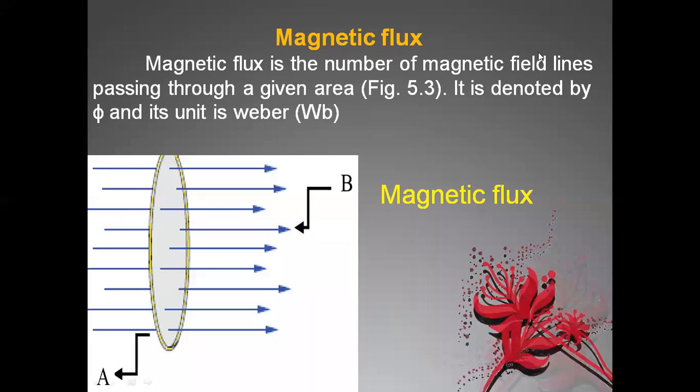It is denoted by phi and the unit is Weber, Wb. If we are given some area, the number of magnetic field lines passing through that area is the magnetic flux. Measuring how many magnetic field lines pass through a particular area is called magnetic flux.